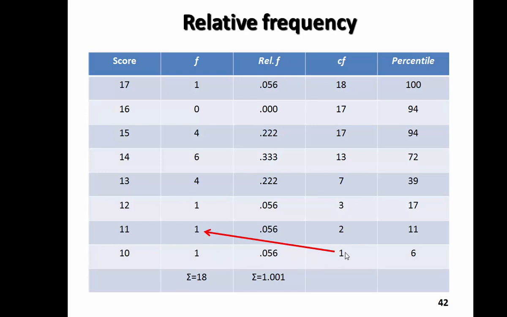We then add this number to the next frequency number, and we place that number over in the next cell above the cumulative frequency cell from the score of 10. And so what we see here is that because we've added 1 more student, the cumulative frequency is a 2.